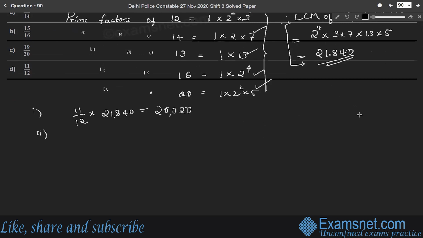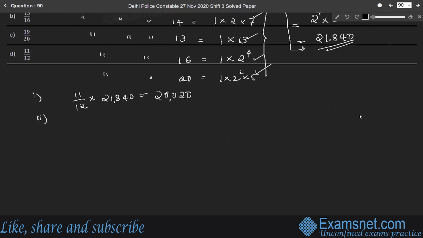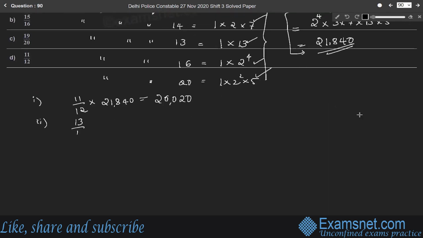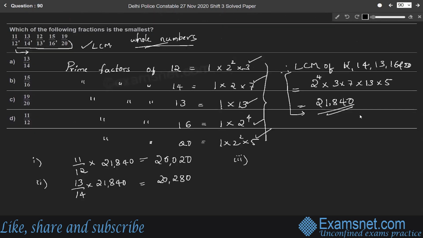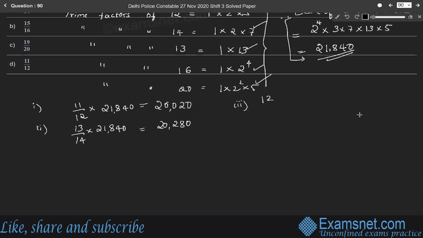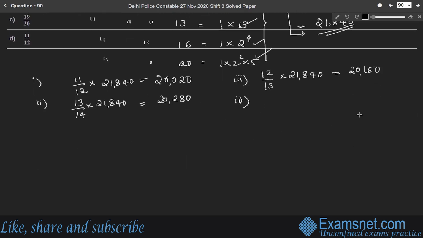Secondly, the second fraction is 13 by 14 into 21,840, which gives 20,280. The third fraction, 12 by 13 into 21,840, gives 20,160.